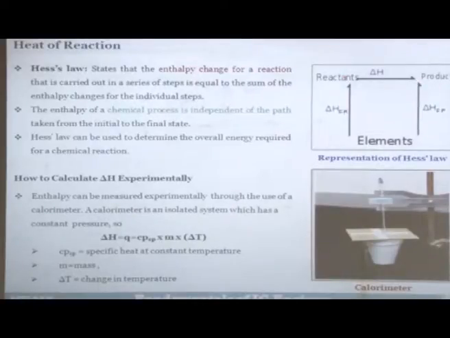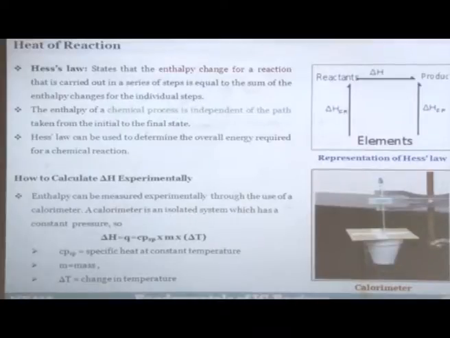Now, suppose you want to calculate or experimentally measure this delta H, the enthalpy of reaction of the oxidation reaction. How do you find it out? Enthalpy can be measured experimentally through the use of a calorimeter. Generally, we use an instrument called a bomb calorimeter.